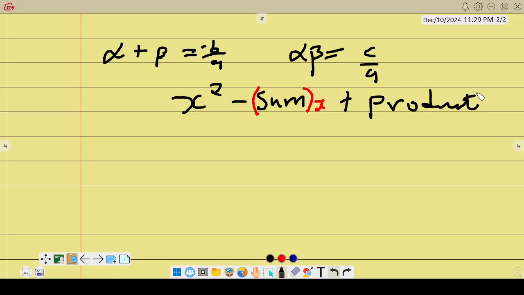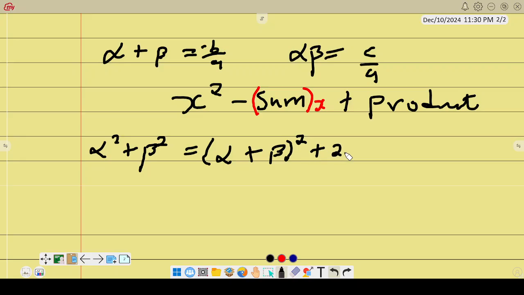I've also taught you that alpha squared plus beta squared is equal to alpha plus beta, outside there's a square, plus 2 alpha beta. Master this, very very important.